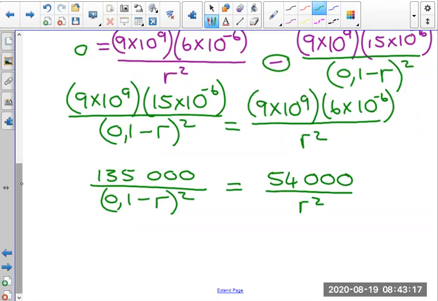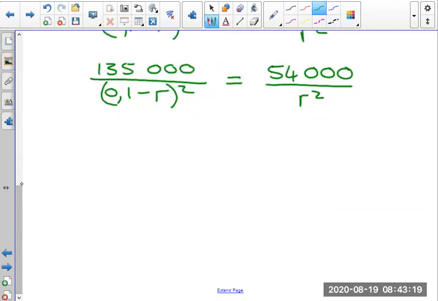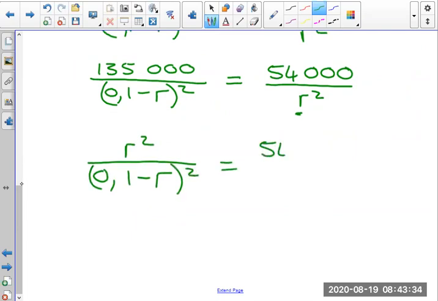Now to solve the squares, I'm going to take the squares to the one side. So the r squared, this one is under the line, so I'm going to take it to the top. Leave the squares with the squares. Can you see that? And then I'm going to use 54,000 divided by 135,000.